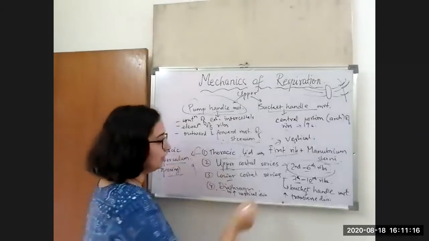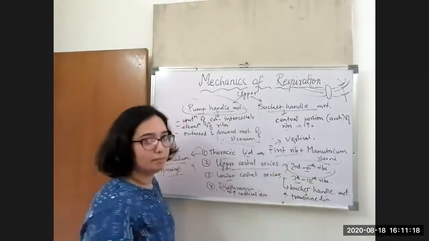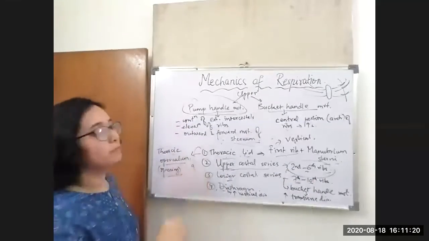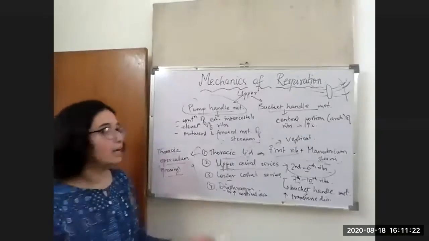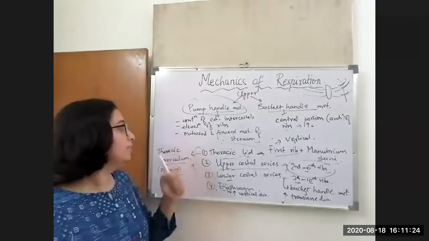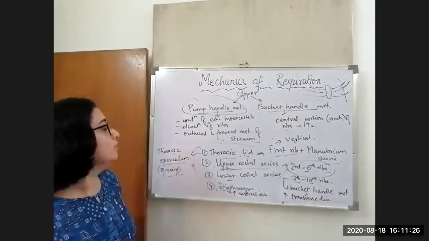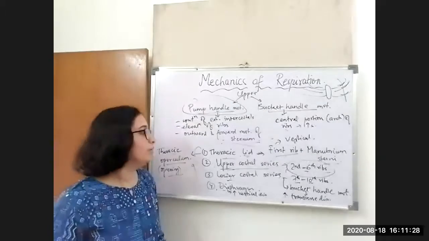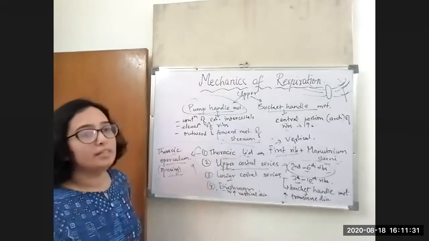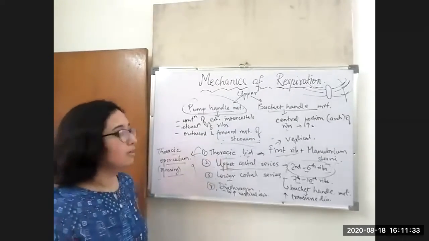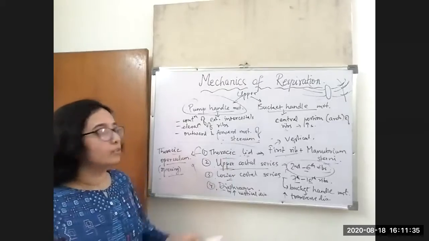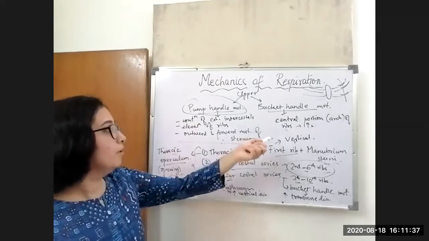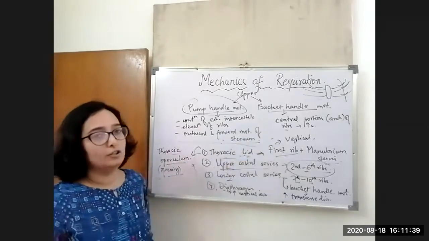The upper costal series is made up of second to sixth pair of ribs, and it shows two types of movement: pump handle and bucket handle movement. The pump handle movement will cause an outward and forward movement of the sternum, and bucket handle will increase the transverse diameter of the thoracic cavity because of the central portion or the arch of ribs.